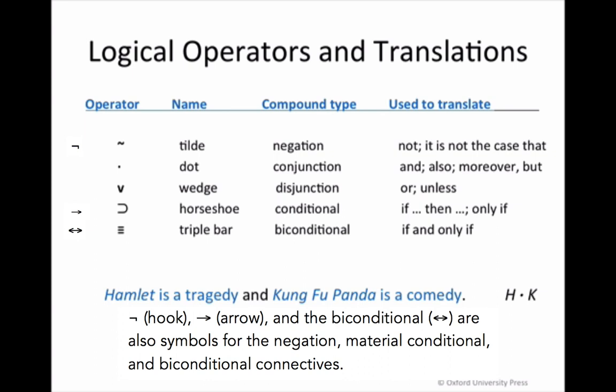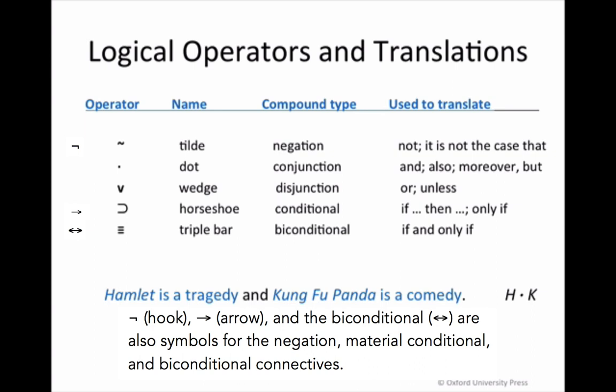We do not, in this version of propositional logic, translate separately or as part of the notation of the sentence the predicate, right? We just have H for the entire sentence. We don't have a relationship between, for example, the class of things Hamlet and the class of tragedies, right? Instead, we just have H for Hamlet is a tragedy.